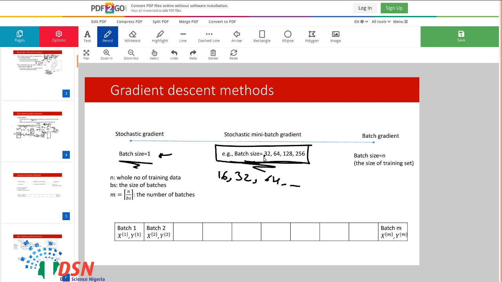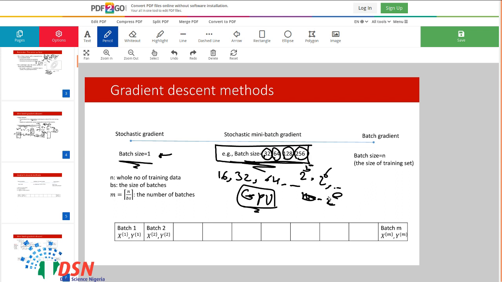And if you note, all of them are powers of 2, so 32 is 2 to the power of 5, and so on. This is because in the GPU, in fact in your graphics card, lots of implementations of matrix multiplications and other things are very aligned with powers of 2.